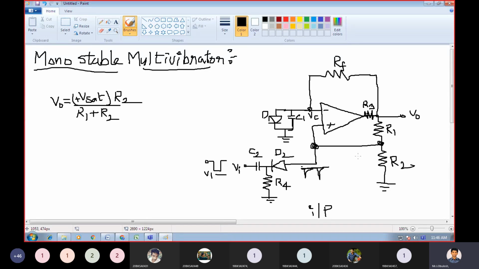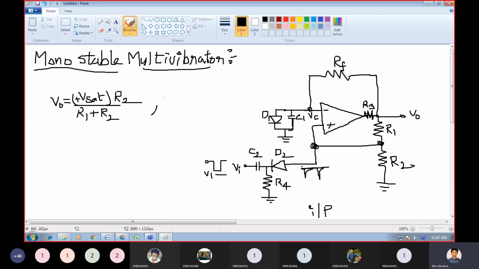If a negative triggering pulse of magnitude V1 is applied to the non-inverting input terminal of the op-amp, so that the effective signal at this terminal is less than 0.7 volts, which means that plus V saturation into R2 by R1 plus R2 is less than 0.7 volts, therefore the output of the op-amp will switch from plus V saturation to minus V saturation.